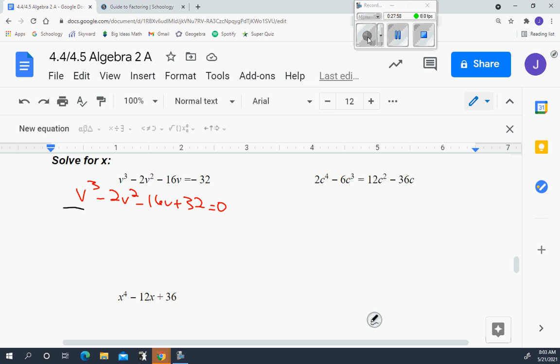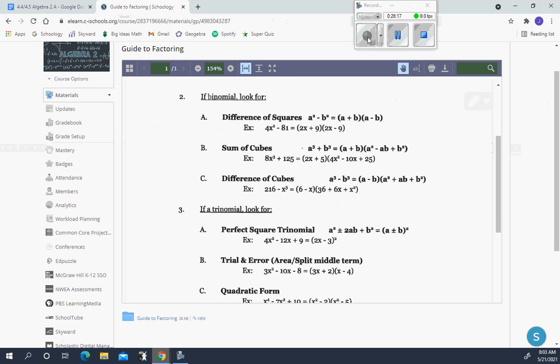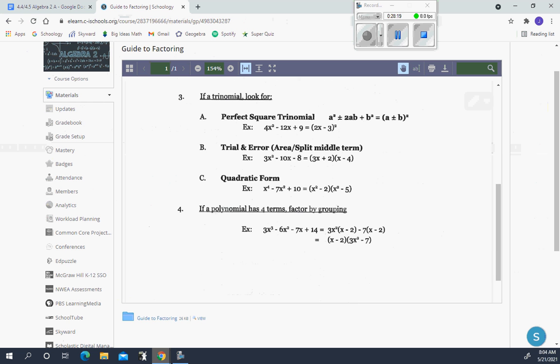And I don't see a v with 32, so I can't take out any v. So there are no common factors, which is fine. I have 4 terms. 1, 2, 3, 4. I'm going to go to my guide for factoring. If a polynomial has 4 terms, factor by grouping.